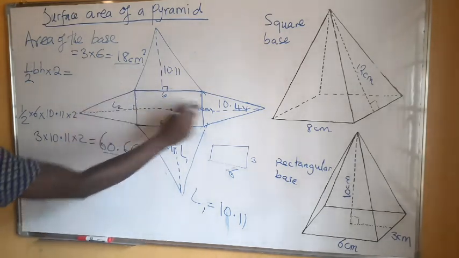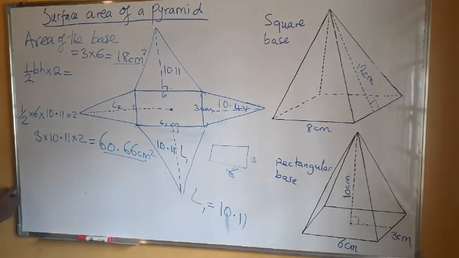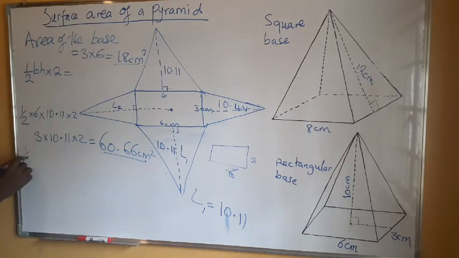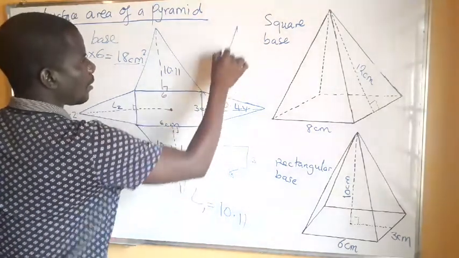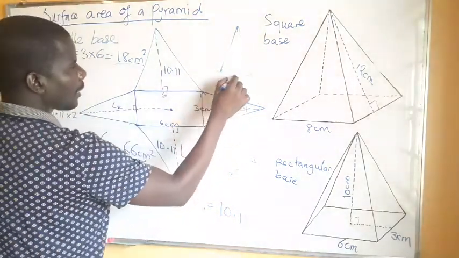Then we come to the other two. So we are going to do the same process. 1 over 2 BH multiplied by 2, because we have also two similar or they are the same. So we have 1 over 2 multiplied by, this is as good as us saying these 2 and these 2 cancel. So we have our base. Remember, for this one, the base is what? 3.